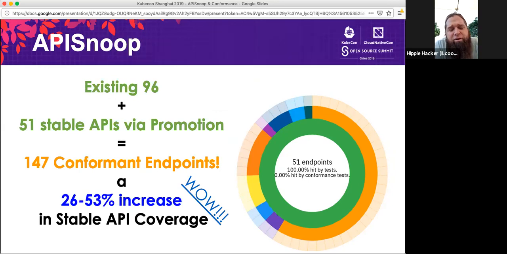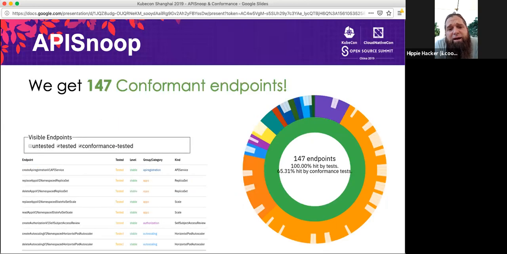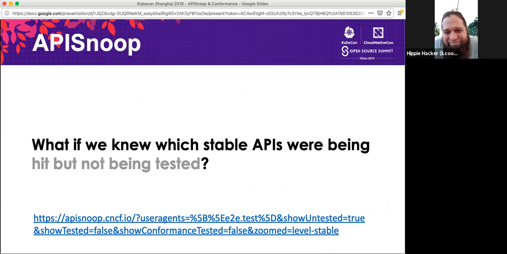One of the other questions we came up with that seemed meaningful, on the next slide, was, there's our 147 endpoints, yeah. What if we knew which stable APIs were being hit but not tested? These are stable APIs that, during the course of our release blocking job, are hit in some way by some application other than directly by our E2E tests.